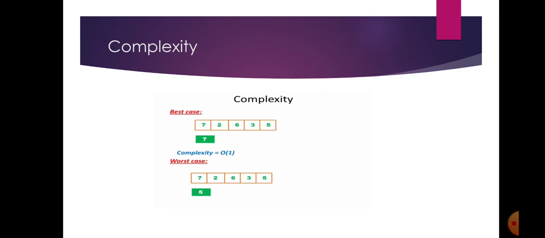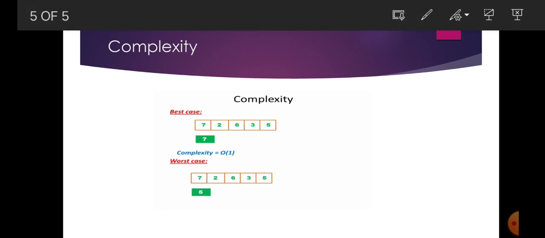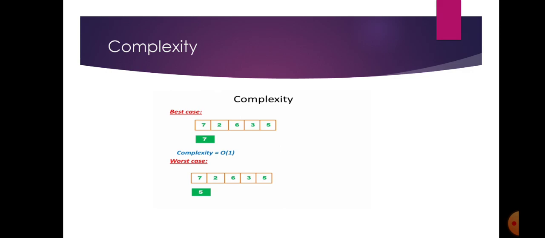What is the complexity of this search? In the best case, for example if the searching element is 7, it is present in array of 0, at the start of the array, so the complexity is O of 1.